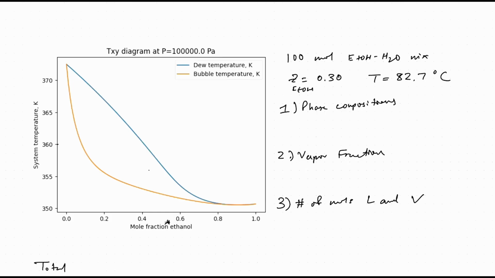So if I draw a line around 0.30, and we're going to try to make this as straight as possible here. Then 82.7 degrees Celsius, well, in Kelvin, you add 273, so that is 355, roughly speaking.